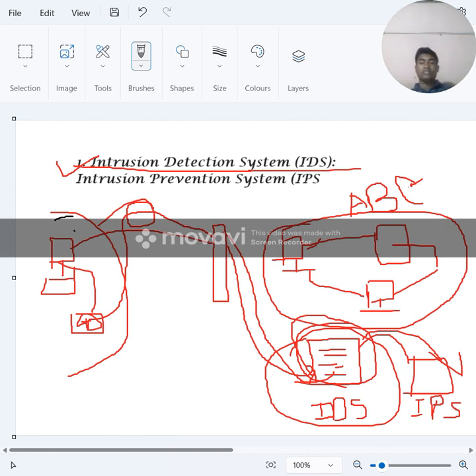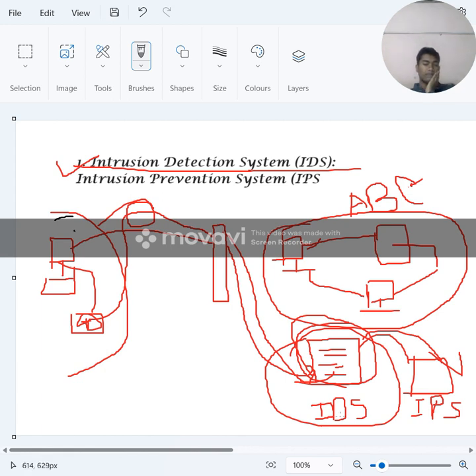It can automatically respond to detected threats by blocking malicious IP addresses, terminating suspicious connections, or dropping malicious packets. IPS uses the same signature-based approach as IDS but can also employ behavior-based analysis to identify and block zero-day attacks from previously unknown threats.